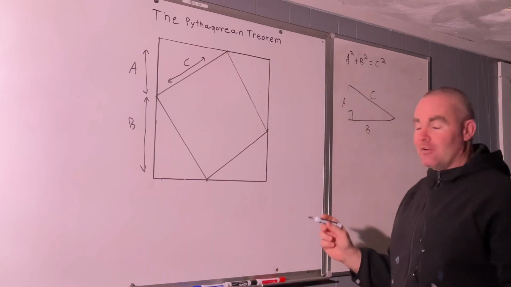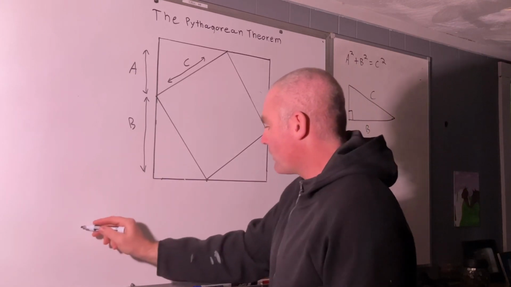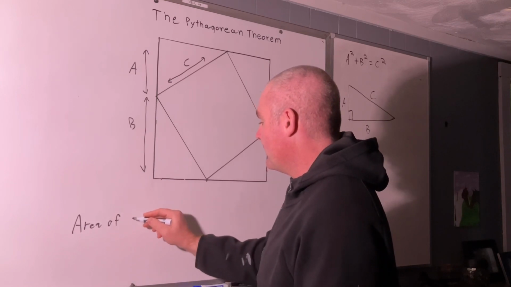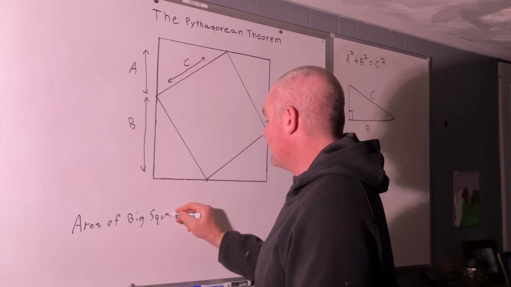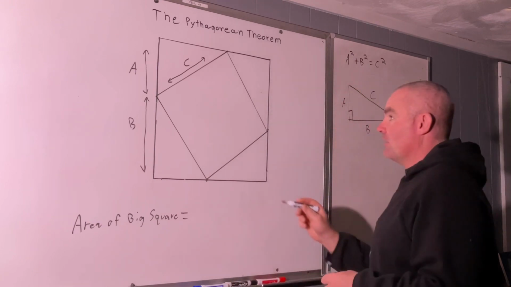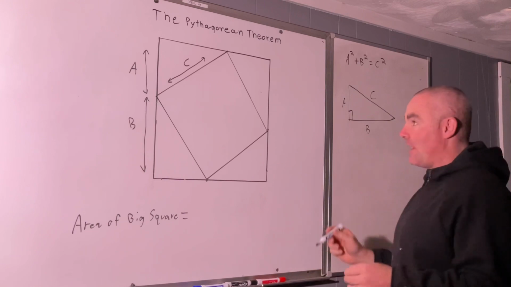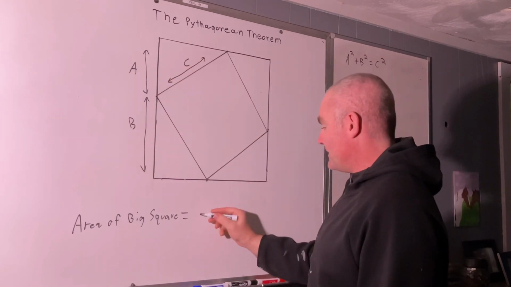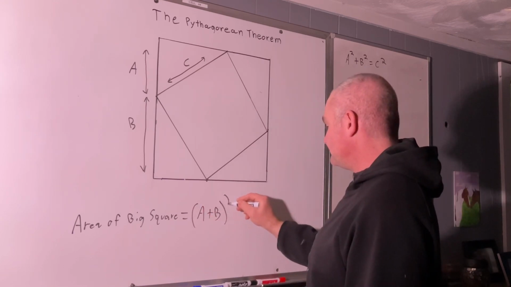The area of the big square can be written like this. We can call it just its side squared. Well, what is its side? Its side is equal to A plus B. So we take A plus B and we square it.